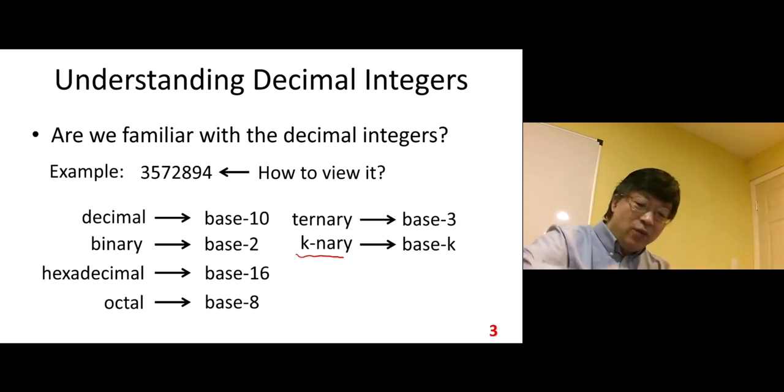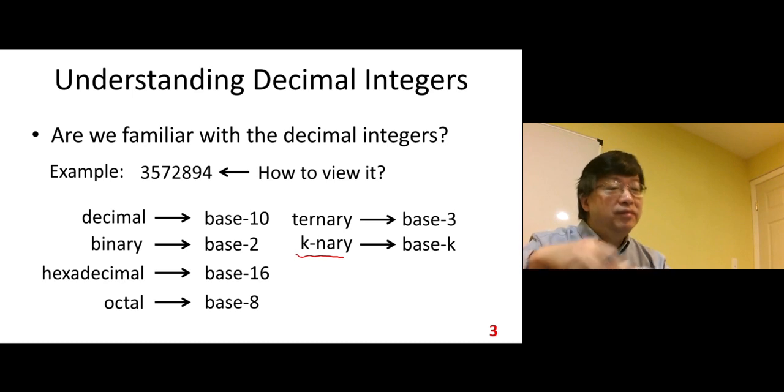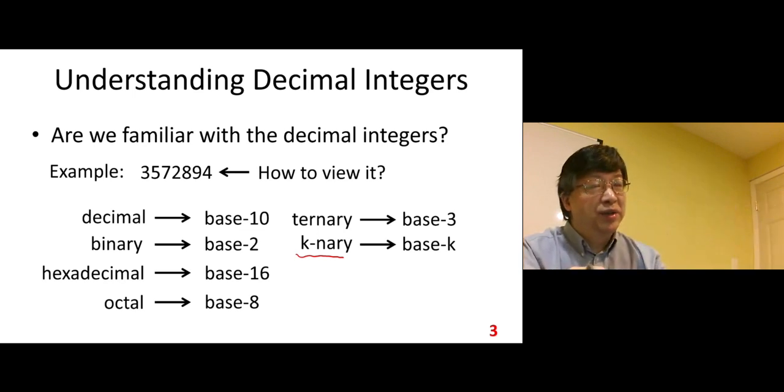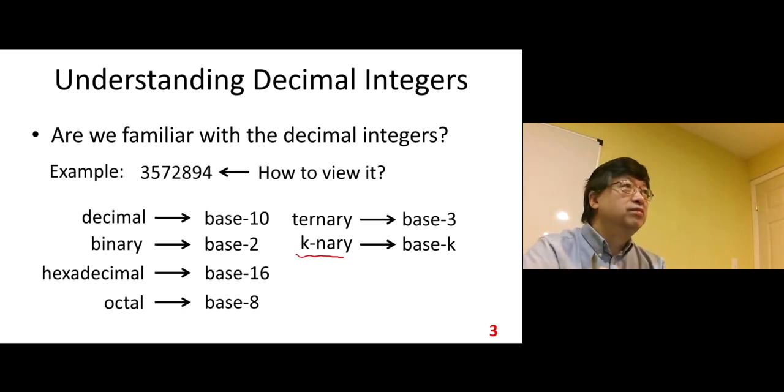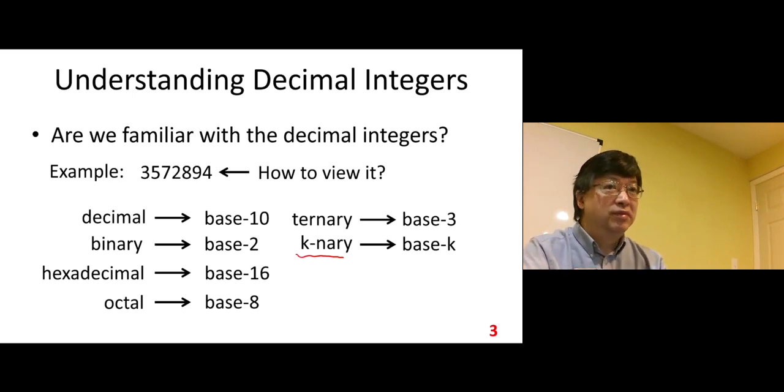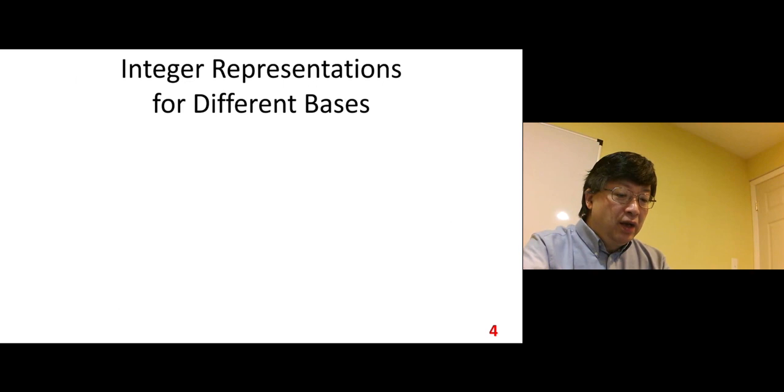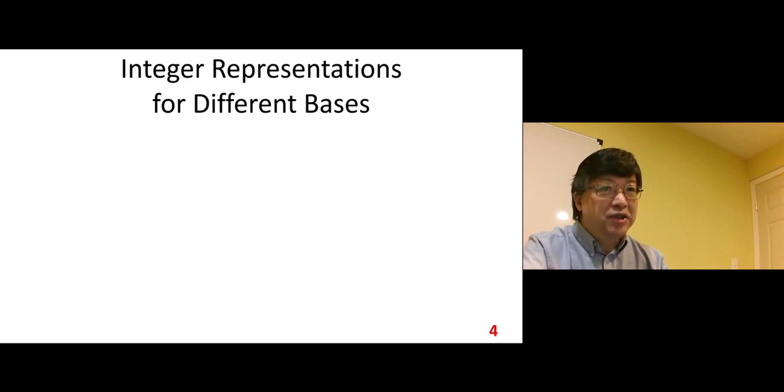So when you get ready to change different bases for an integer, then you are ready to move to the next level solution. Integer representation for different bases, based on the observation we did in the previous slide.